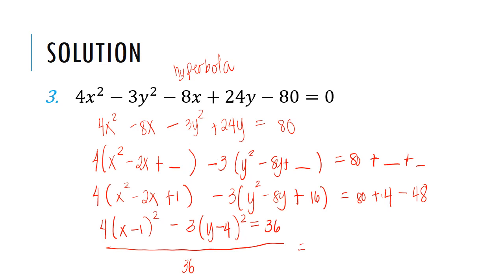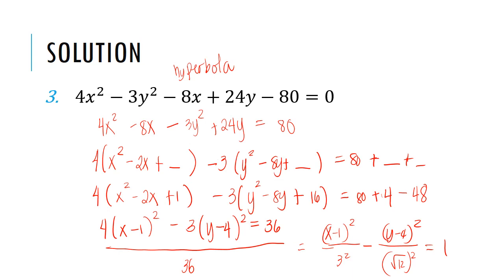This simplifies to x minus 1 squared times 4 all over 36, that is 1 all over 9, and 9 is 3 squared, minus y minus 4 squared times 3 all over 36, which is 1 all over 12, which is the square root of 12 squared. And 36 over 36 equals 1.